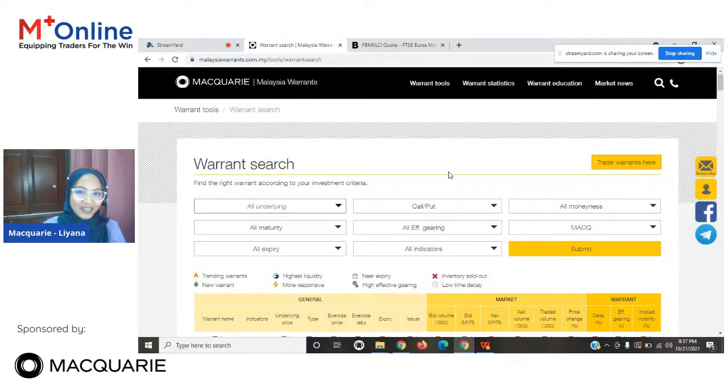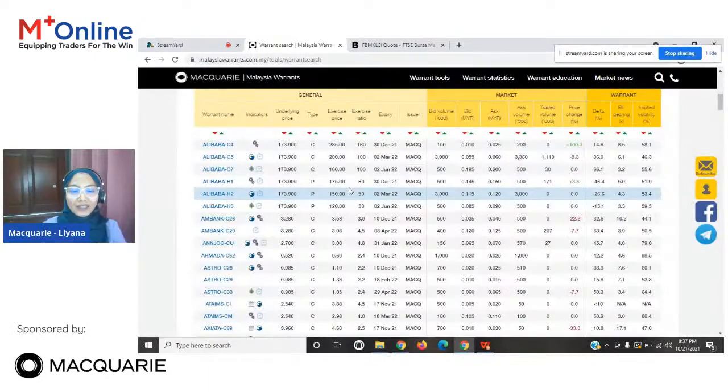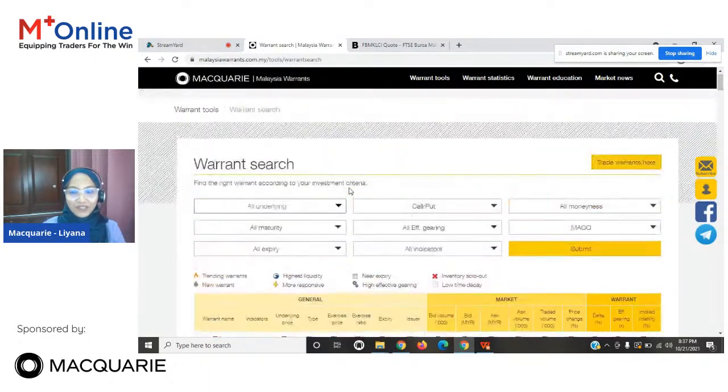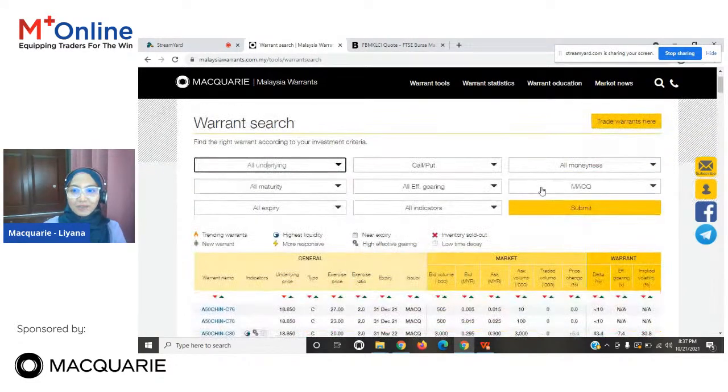Dekat website ni, kita tunjuk semua warrants yang ada dekat Bursa Malaysia. And then I just show example Macquarie warrants lah. Okay, so kita nak tengok pasal KLCI warrants. Sekarang ni kita tengok dulu call warrant. Ada dua jenis warrant, satu call and put.